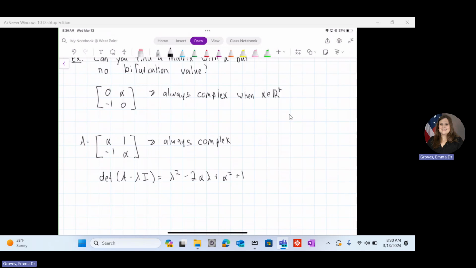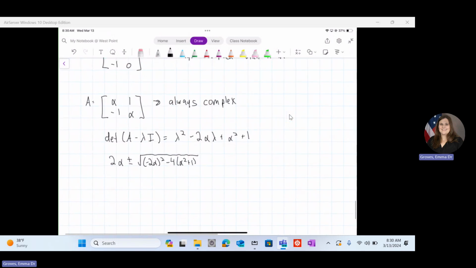So in your quadratic formula, you get 2 alpha plus or minus the square root of 4 alpha squared minus 4 times alpha squared plus 1, over 2. Those 4 alpha squareds cancel out and you're left with a -4 under your square root.